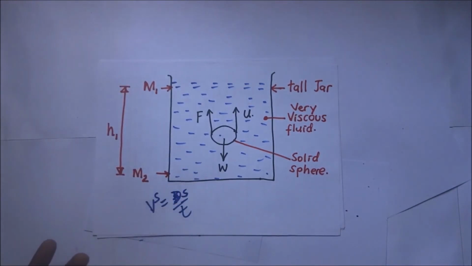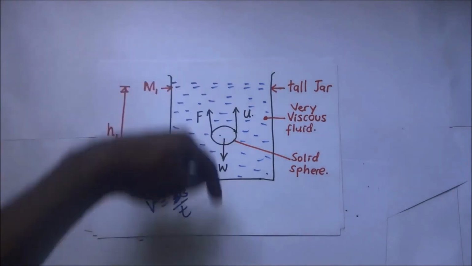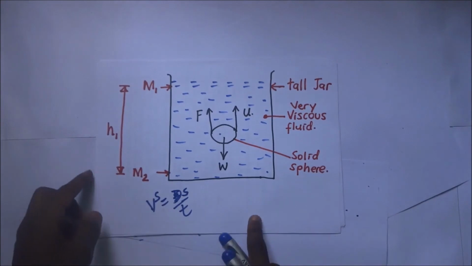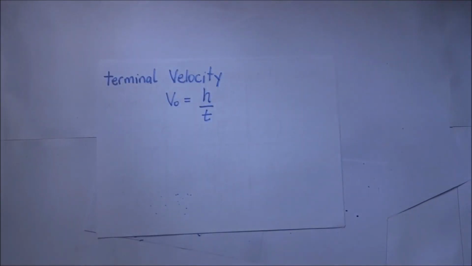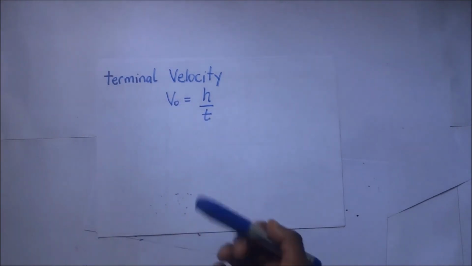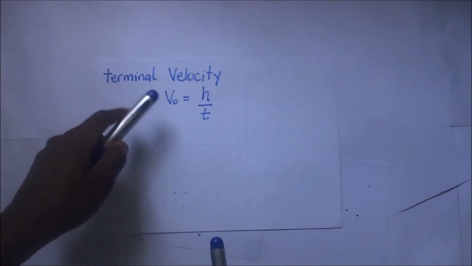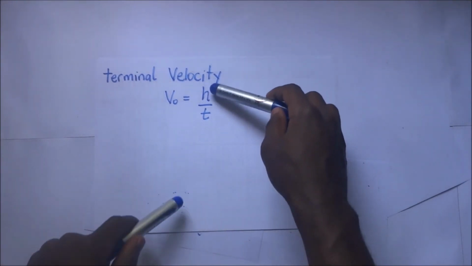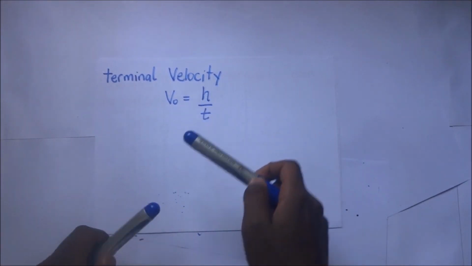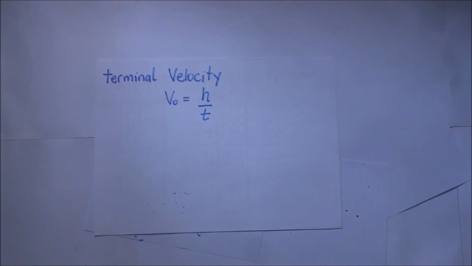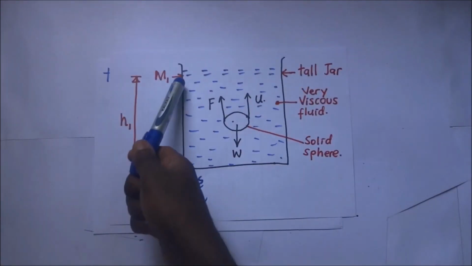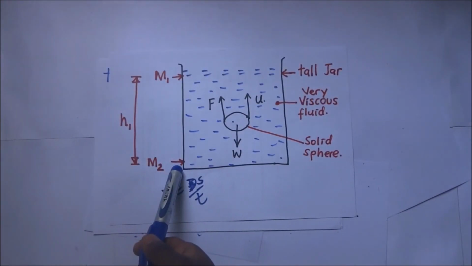We can denote it as V0, or you can call it Vt like we've been doing before. It is given by h, the distance, over the time taken for that ball to fall from point M1 to M2.